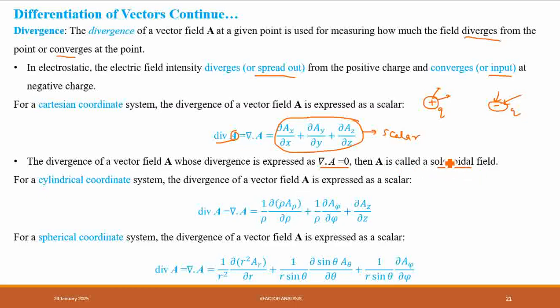So if I find the divergence of any vector and get the result as 0, then we can say that vector is a solenoidal field. In the cylindrical coordinate system, we can represent the divergence of any vector by using this formula, and in spherical by this formula.